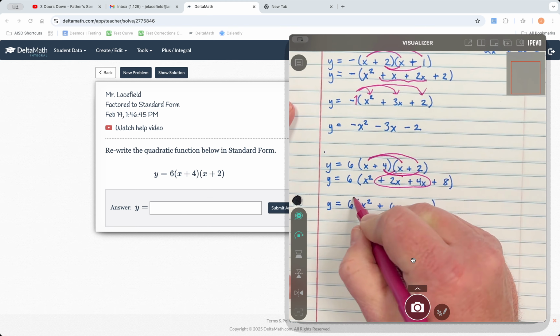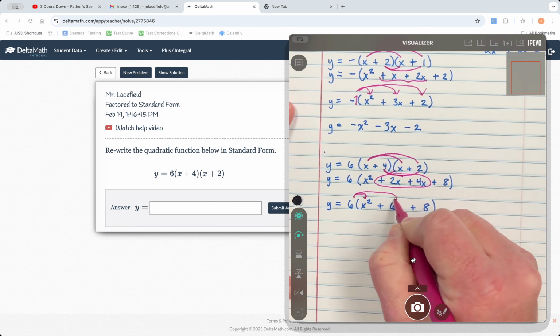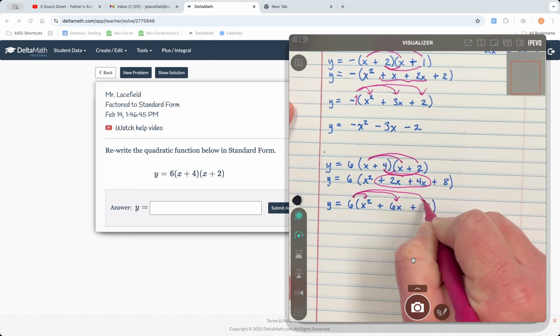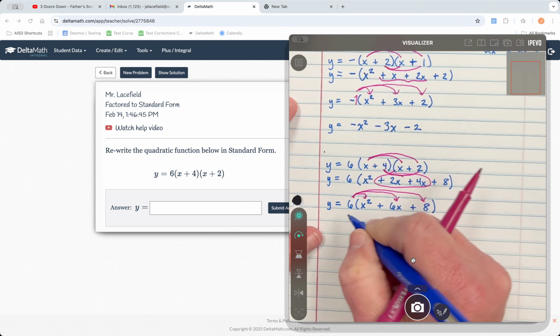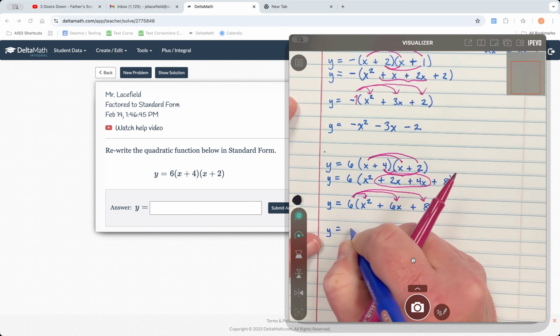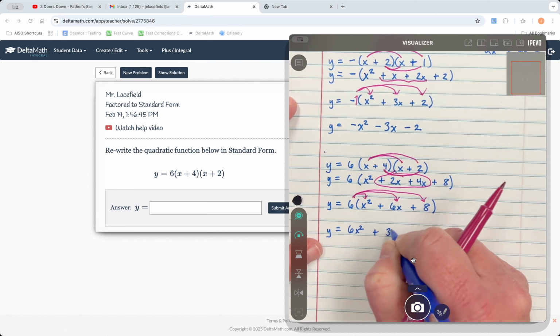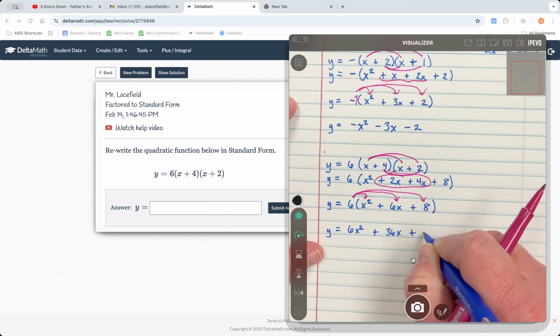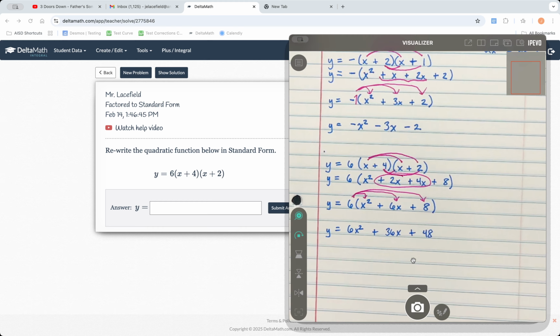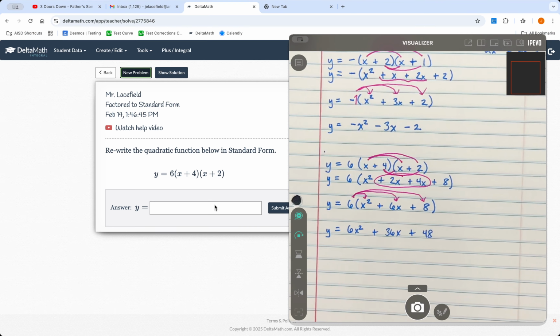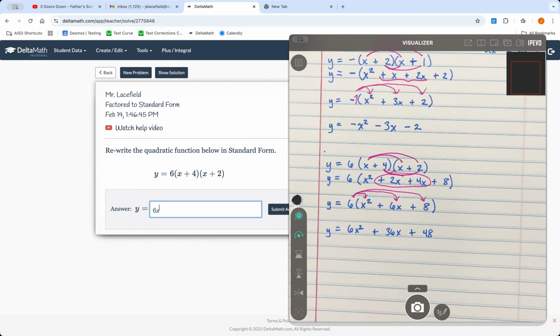And then finally we'll distribute, giving us the final y equals 6x squared plus 36x plus 48.